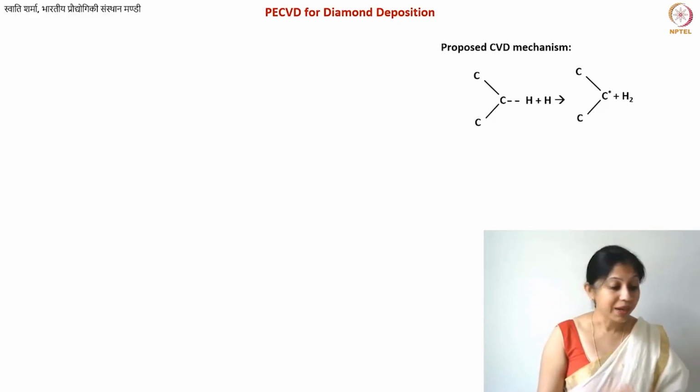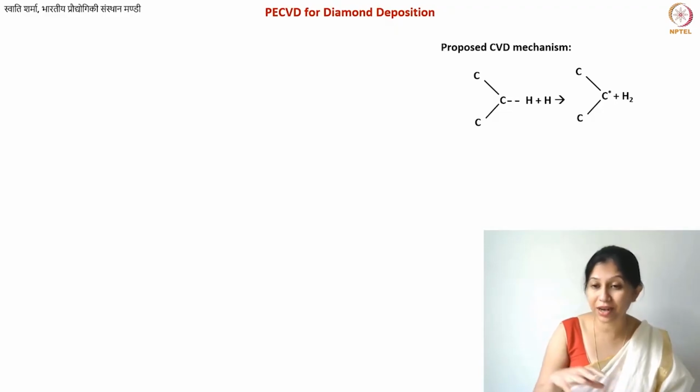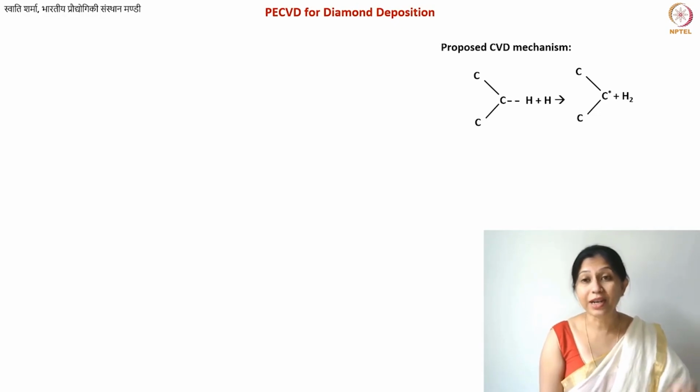But you know that this is only an intermediate step. Hydrogen is not going to stay there forever. In fact, this is just providing certain stability, and what happens is the next hydrogen atom comes there, and immediately a hydrogen molecule is formed, because that is a thermodynamically favorable reaction.